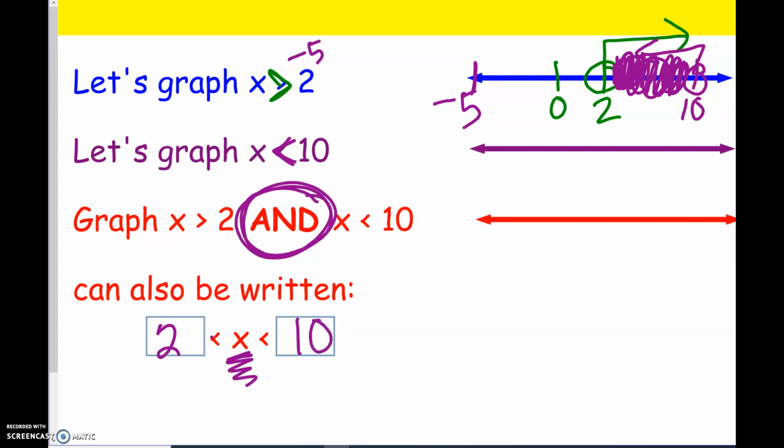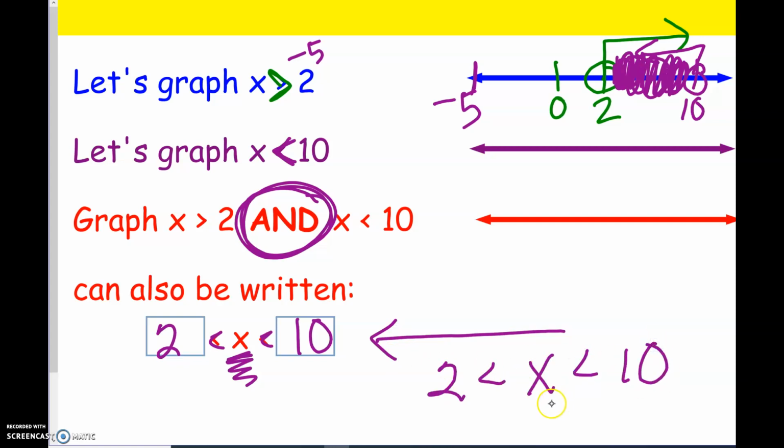And we always put these less than symbols in here. Sometimes it's less than or equal to, but in this case, it's just less than. So most often you're going to see people write it this way: 2 is less than x is less than 10. So when it's an and, because it has to fit both, the letter goes in the middle, and you put the numbers on the outside.